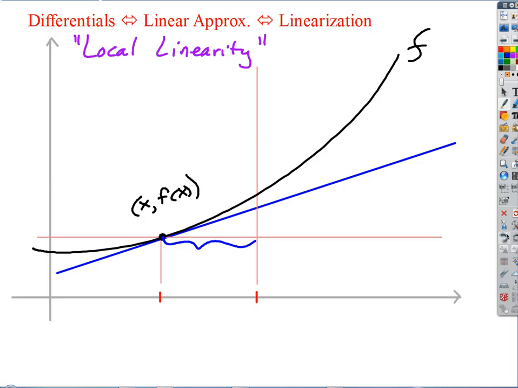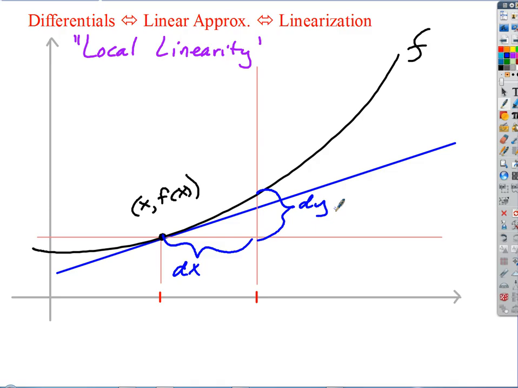We'll make these d, meaning small. Usually when we say delta versus d, delta means pretty big, d means pretty small. So we'll call it dx. The actual amount that the curve is changing, which is right there, we could call dy.